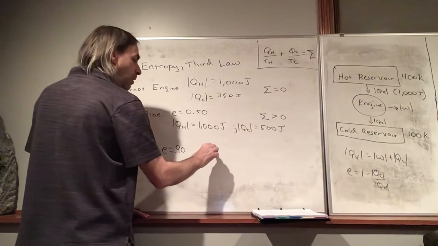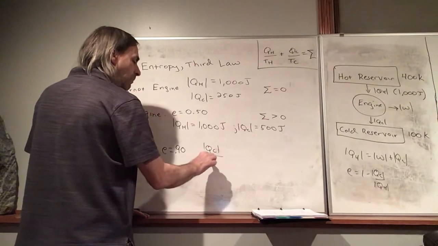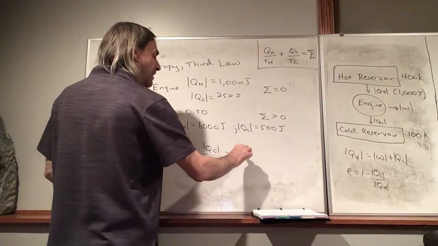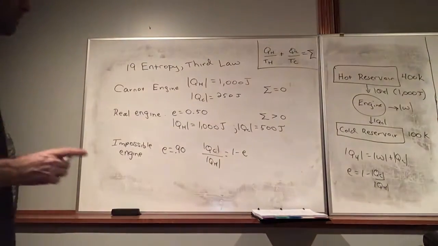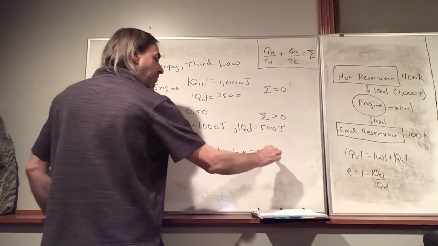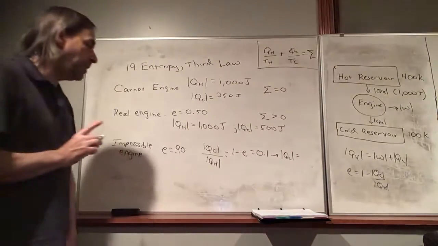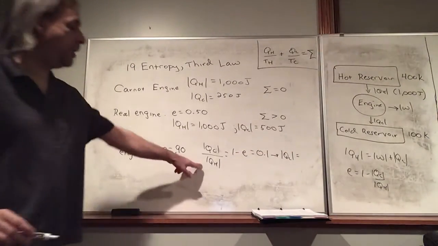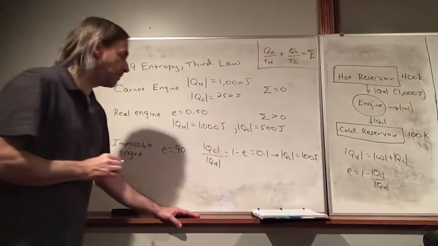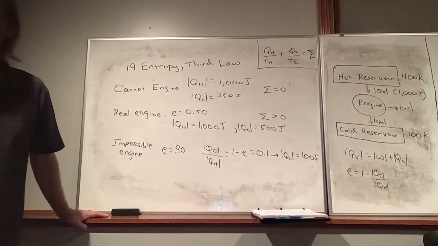So QC over QH, if we had to solve for that, that would be 1 minus E. So in this case, that would be 0.1, which would mean QC would be 0.1 times QH, which was 1,000, so that would be 100 joules. So again, we're not dumping too much into the cold reservoir here.